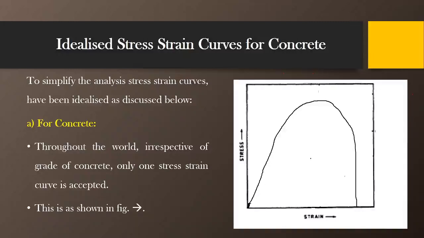For getting the design curves, we have to modify this curve as per the specifications given in the IS code, also in the form of assumptions. There are some assumptions made in the limit state method, and according to those assumptions, we are going to derive the idealized stress strain curve in this lecture.